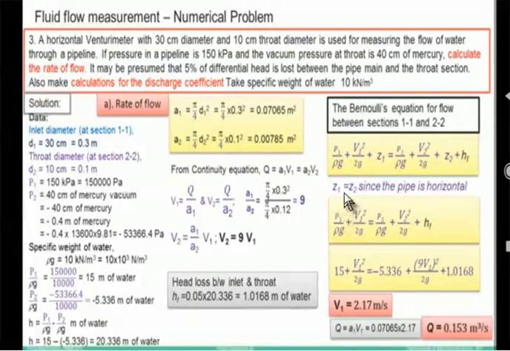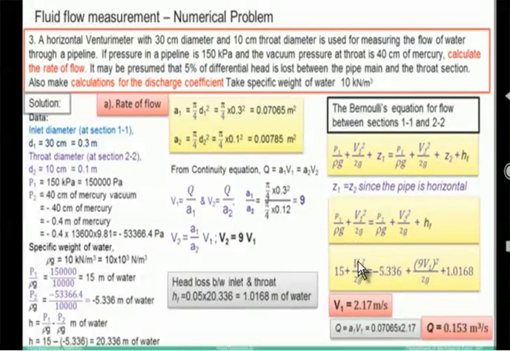Now z1 and z2, since the pipe is horizontal, we have to take z1 and z2 as equal. Now it becomes p1 by rho g plus v1 square by 2g is equal to p2 by rho g plus v2 square by 2g plus hf. This z1 and this z2 will get cancelled if these two are equal.